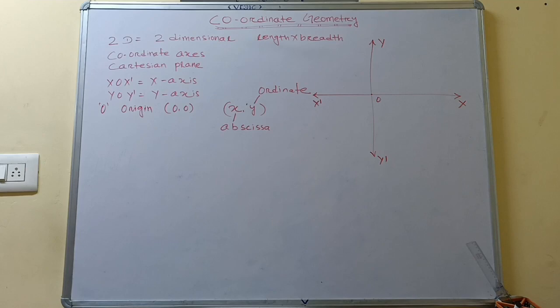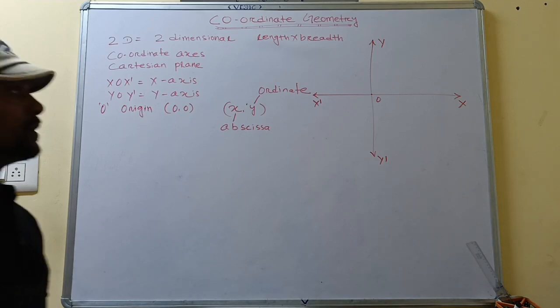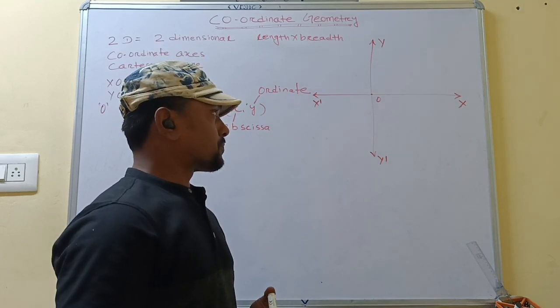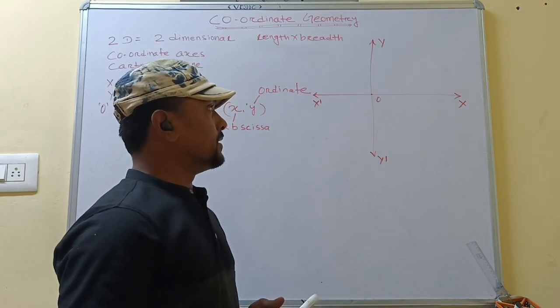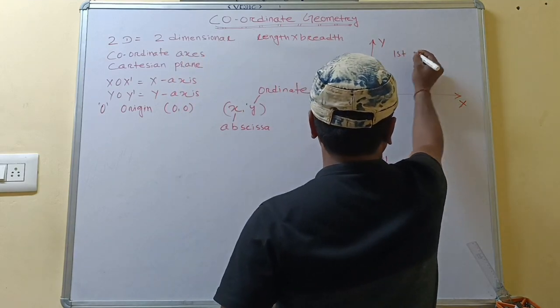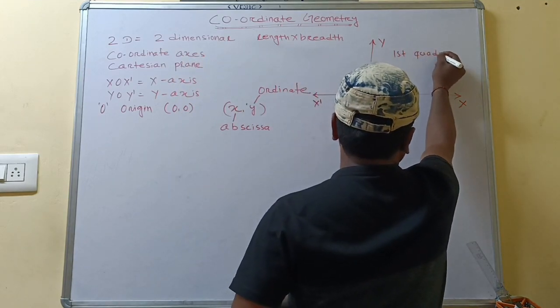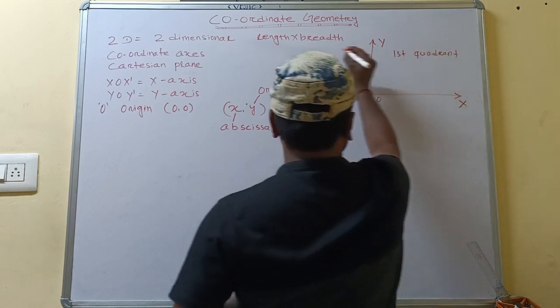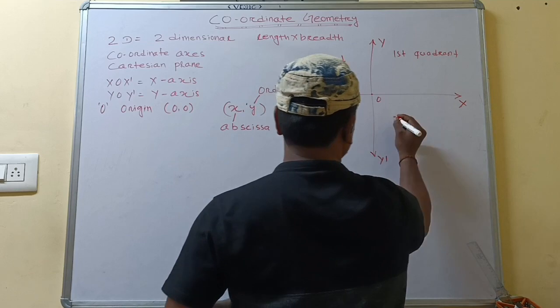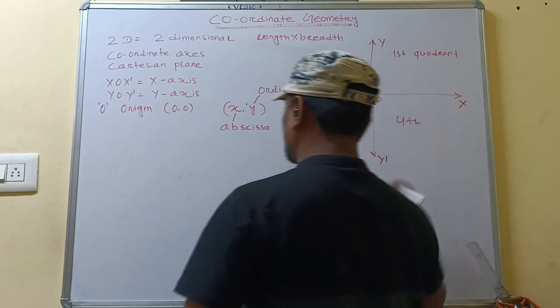By intersecting these two axes, they create four quadrants. This is the first quadrant, this is the second quadrant, this is the third quadrant, and this is the fourth quadrant.